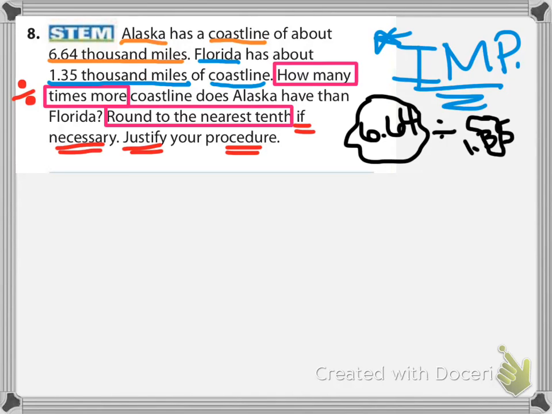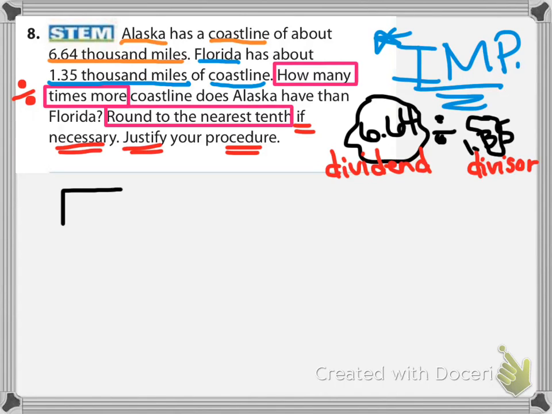I wanted to draw the picture to help you see that Alaska is larger, and we're trying to figure out how many Florida coastlines we can fit into the Alaska coastline. So we're going to set this up. The order matters, so we have to make sure that the divisor is Florida and the dividend, in this case, is Alaska.